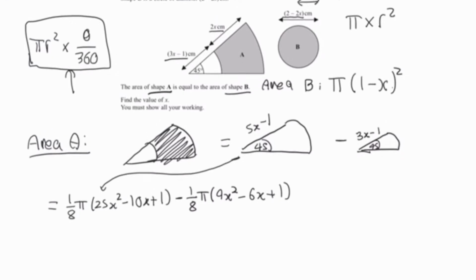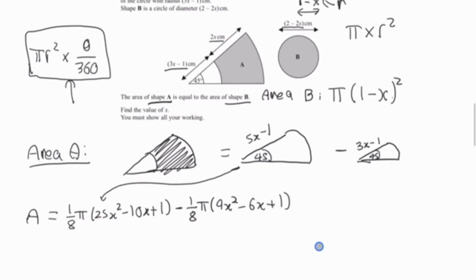Okay, so area of A is equal to that, and we're told the area of A is equal to the area of B. So let's set these two things equal to each other. We've already found the area of B, it's that. If we set these two equal to each other, then we can do some simplifying and try to get an answer.